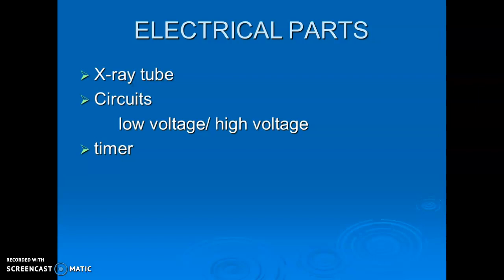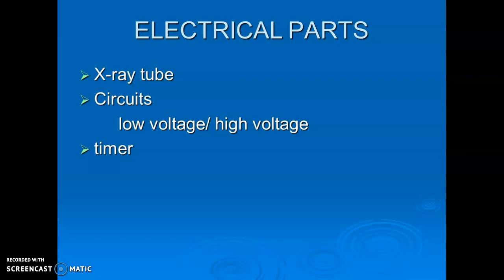The different circuits that are present in an X-ray machine: you have the low voltage circuit and the high voltage circuit. It'll make more sense after you've watched the video about the X-ray tube. But the low voltage circuit is the part of the machine that operates the heating of the filament.